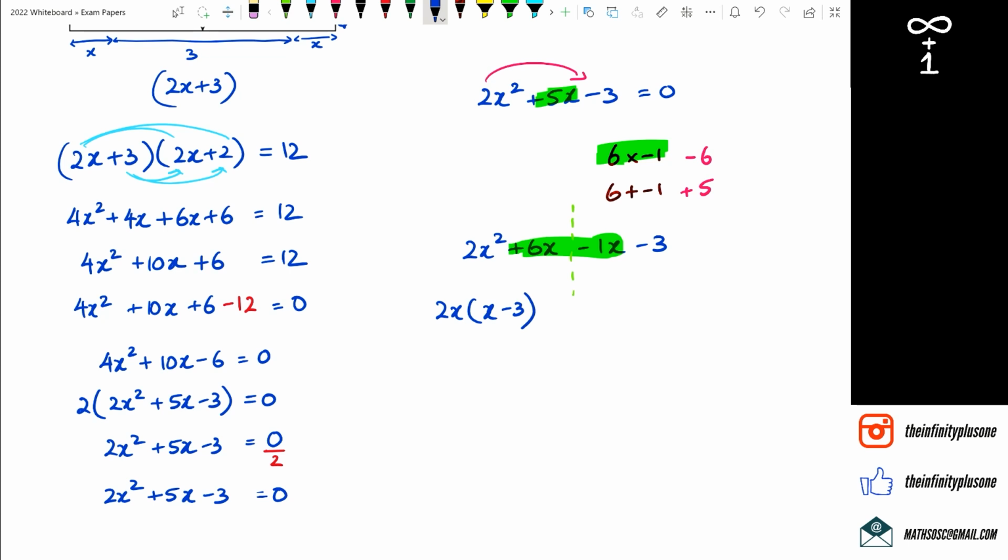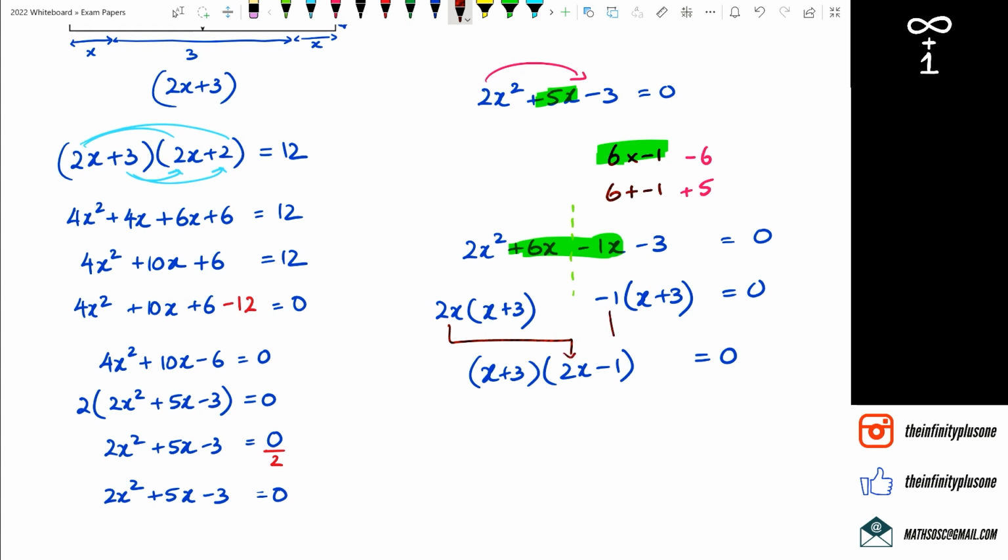And then on the right-hand side, I've got negative 1, x, sorry, that should be x plus 3. And of course, remember, all of this is equal to 0. x plus 3 is a common factor, and my second factor is 2x minus 1, which all equals 0. So just to reiterate, the 2x is from there to there, and the minus 1 comes from in front of the x plus 3 bracket.